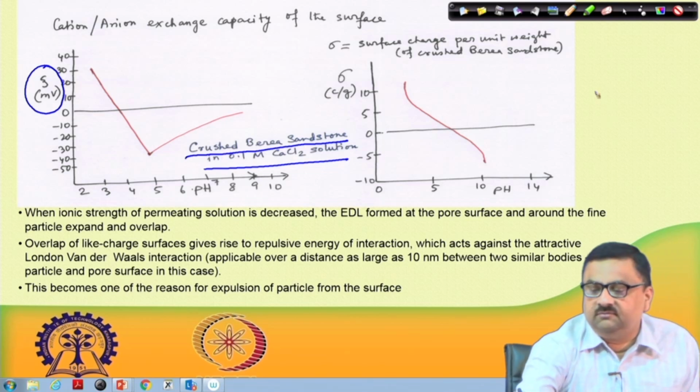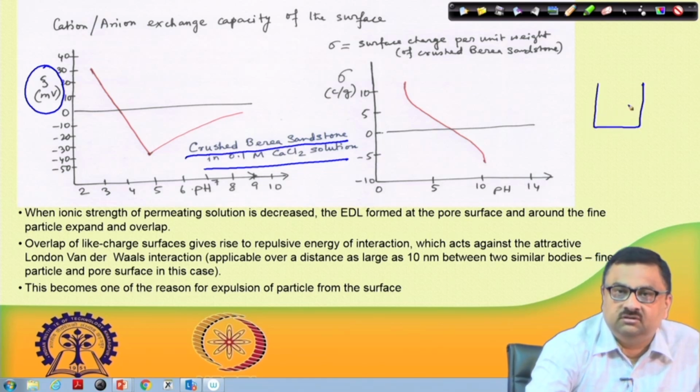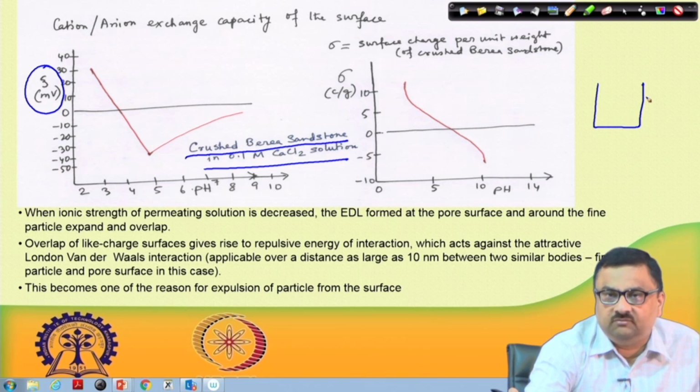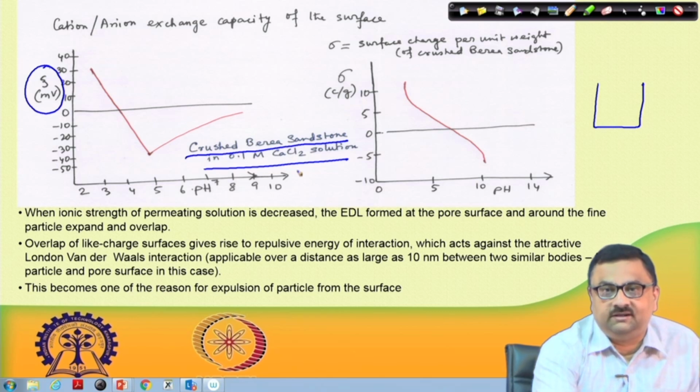They took a beaker, put in some crushed barrier sandstone, which is a reservoir rock, and suspended it in 0.1 molar calcium chloride solution. In this case the valency, capital Z, will be 2, because it is calcium chloride, not sodium chloride.